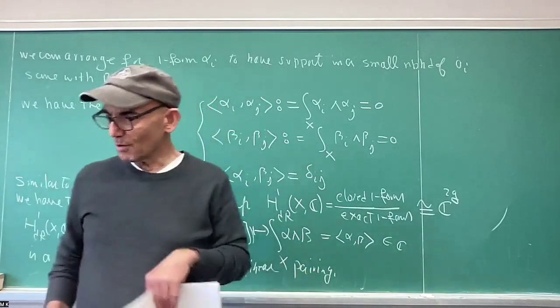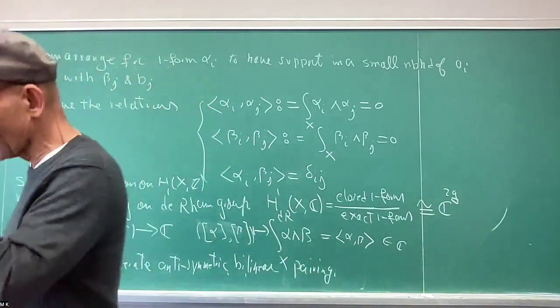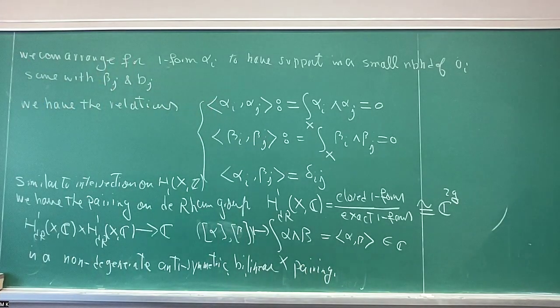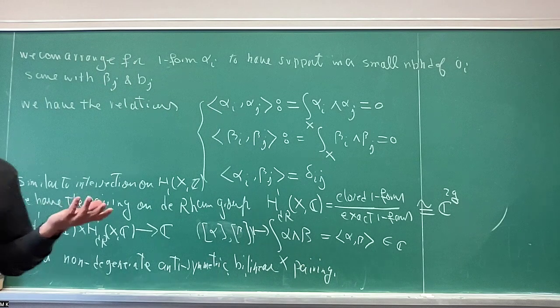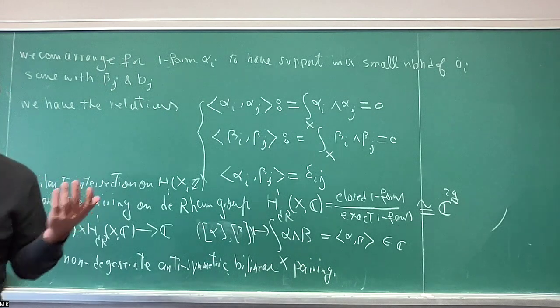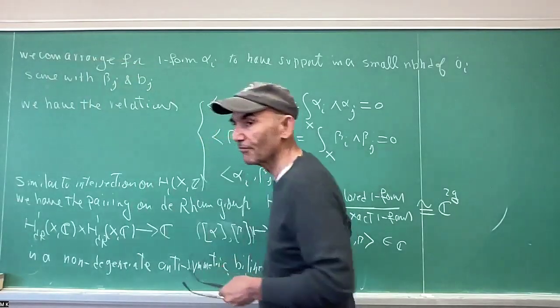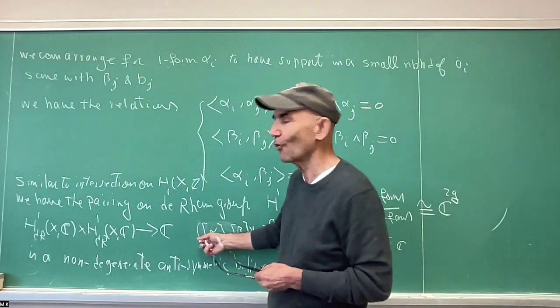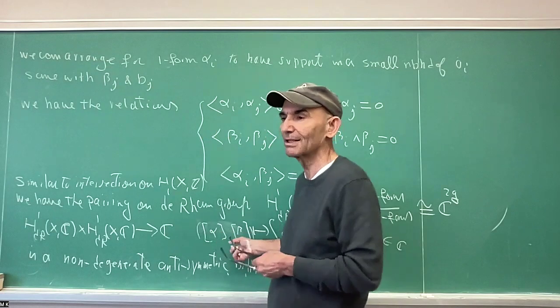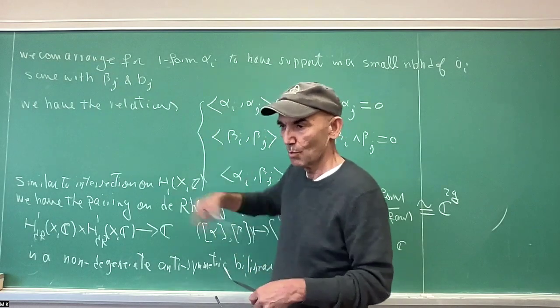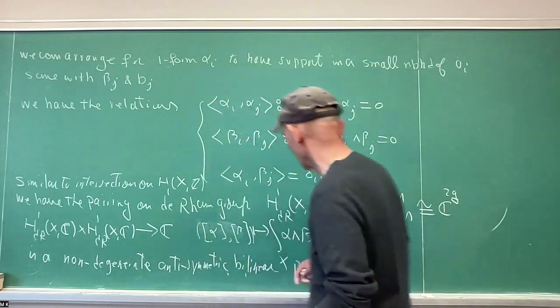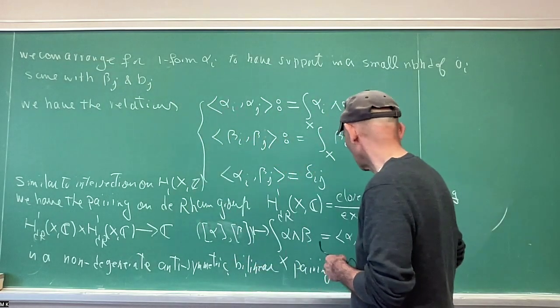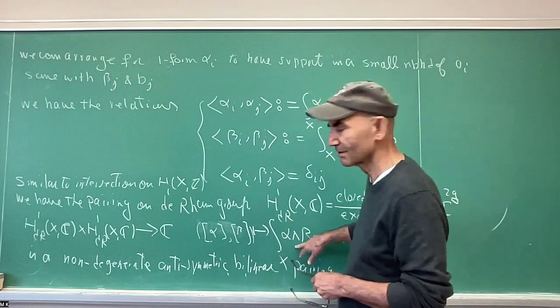Can you tell me why this is antisymmetric? Because alpha wedge beta is equal to minus beta wedge alpha. In this case, being antisymmetric is completely transparent. It really comes from this wedge product property. So this product on the de Rham cohomology level is much more transparent than the intersection pairing, which needs intuition and some more algebraic work if you want to be absolutely precise. But this is very straightforward.